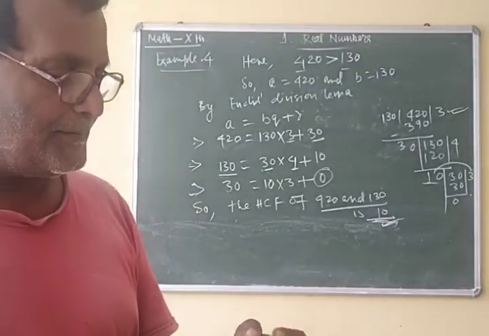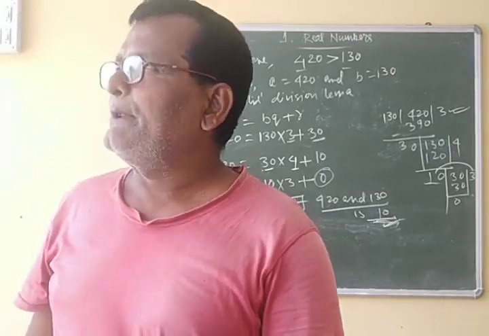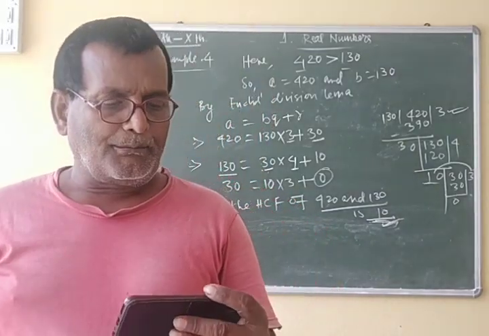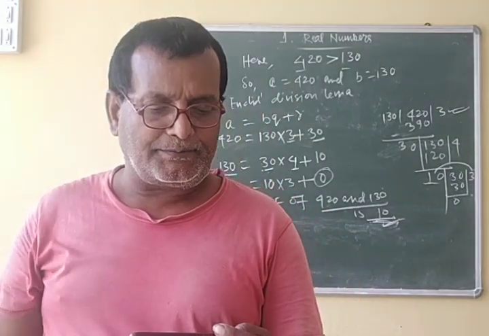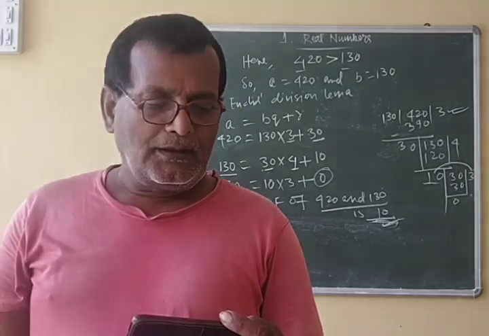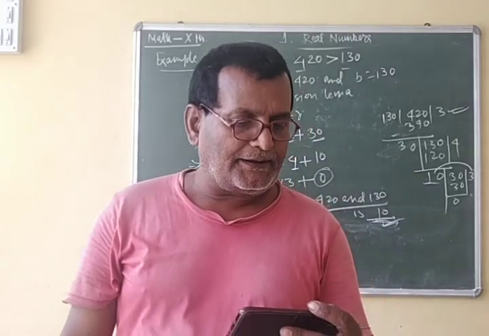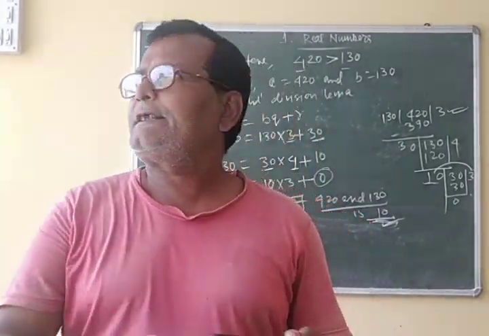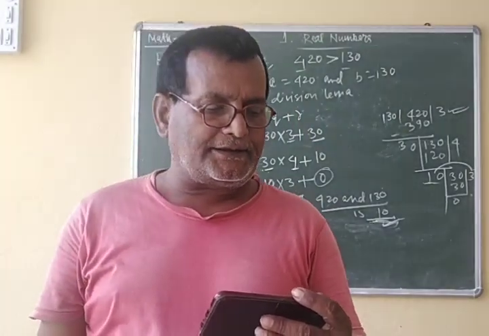Again I explain your question. A sweet seller has 420 Kaju Barfis and 130 Badam Barfis. She wants to stack them in such a way that each stack has the same number of sweets, and they take up the least area of the tray.